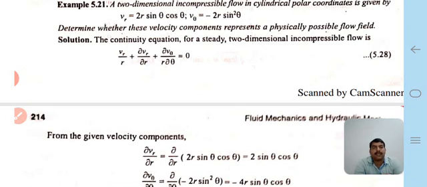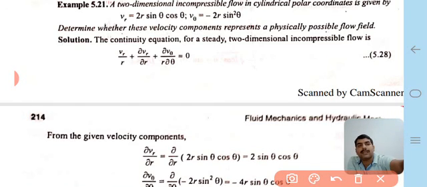A two-dimensional incompressible flow in cylindrical polar coordinates is given by Vr is equal to 2r sin theta cos theta, and V theta is equal to minus 2r sin square theta. Determine whether these velocity components represent a physically possible flow field.